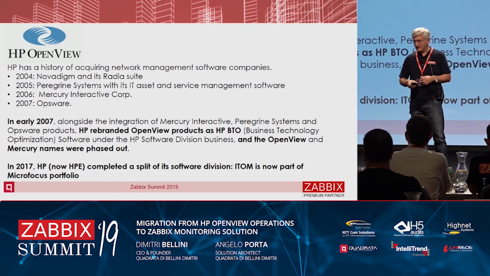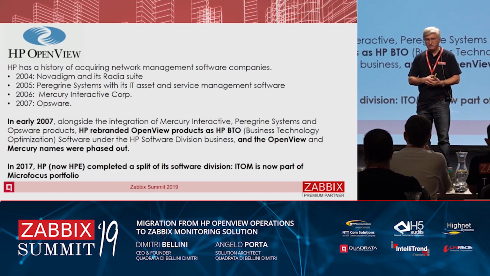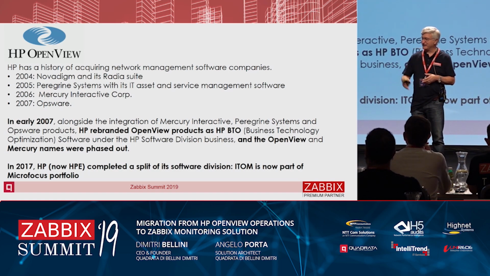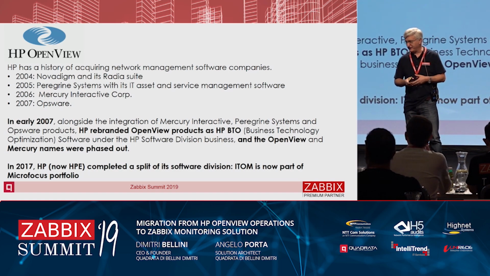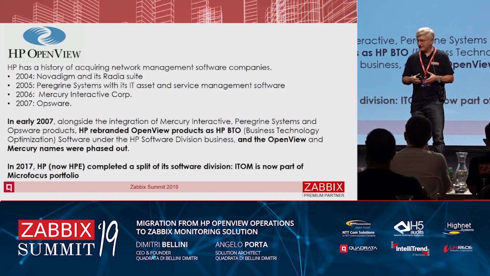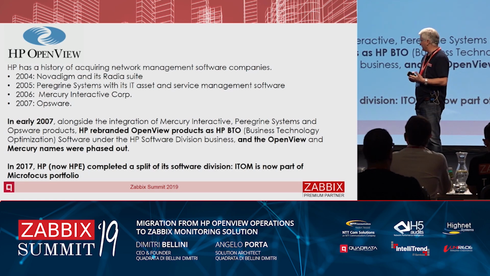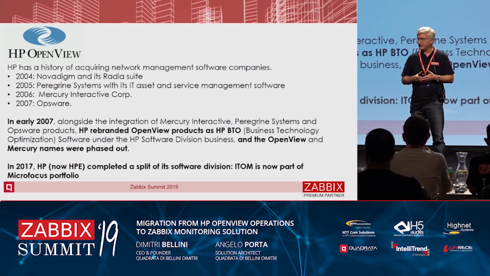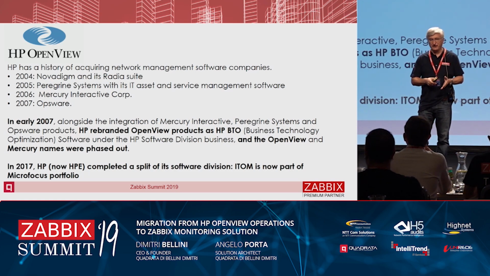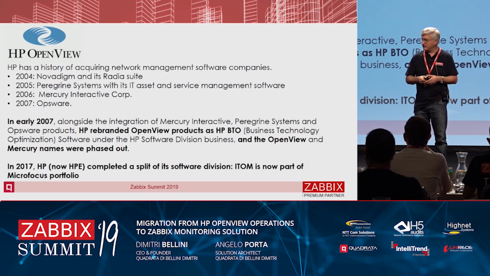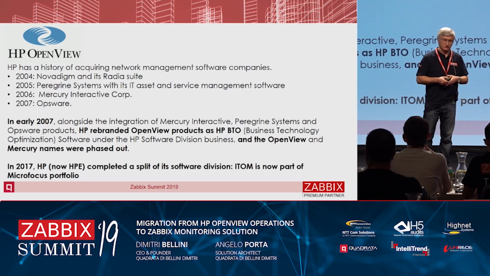Then HP started to buy other companies: in 2004 Novadigm, Peregrine, Mercury in 2006, in 2007 Opsware, and then decided to change the name. By integrating all together, it was rebranded as BTO, for Business Technology Optimization, and the old name, OVO, disappeared and was phased out. But customers continue to use the same.